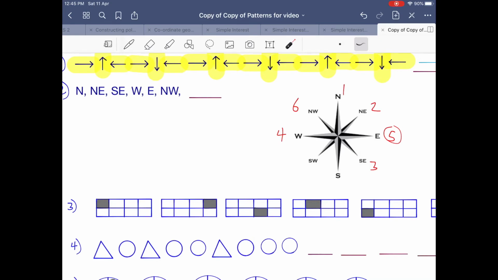From west to east, we are skipping 3. From east to northwest, we are skipping 4. So from 6 to 7, instead of skipping 4, we will now skip 5. So let's go 1, 2, 3, 4, 5. So the answer is southwest.